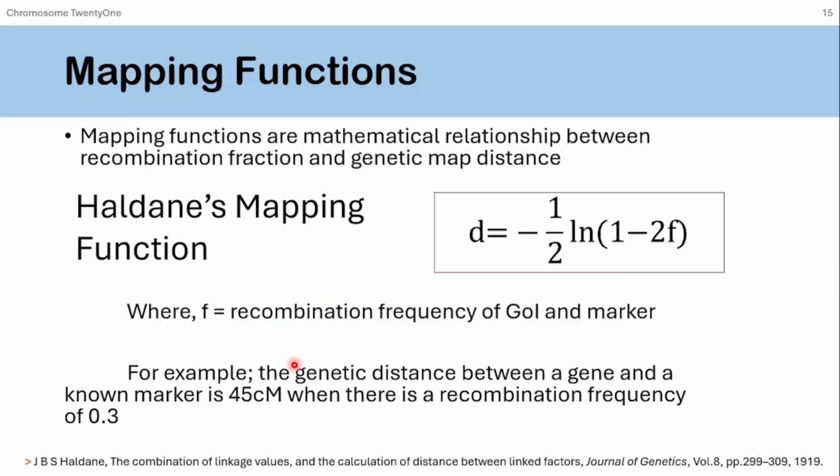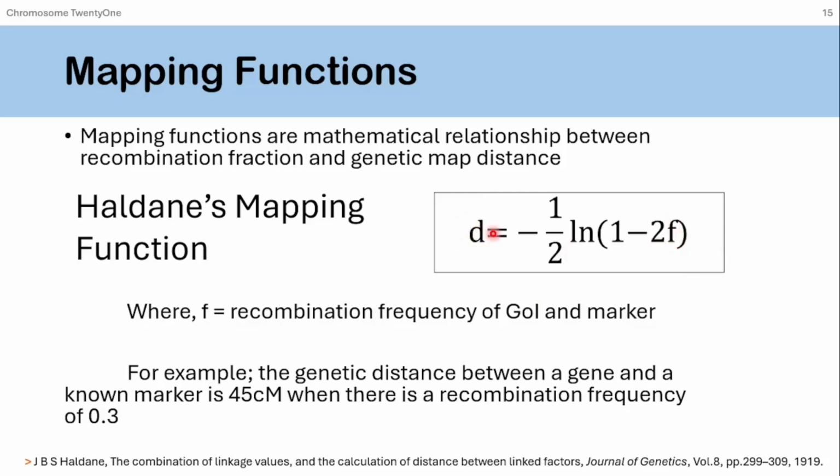What is a mapping function? A mapping function is a mathematical relationship between recombination fraction and genetic map distance. This gave a solution to the ongoing rivalry between Castle and T.H. Morgan, and this gave a direct relationship between your recombination frequency and your genetic distance.